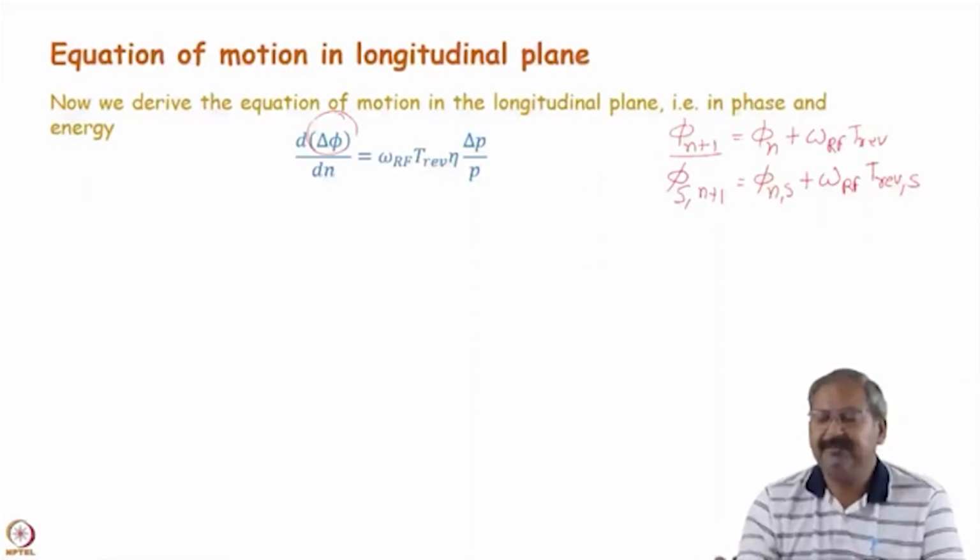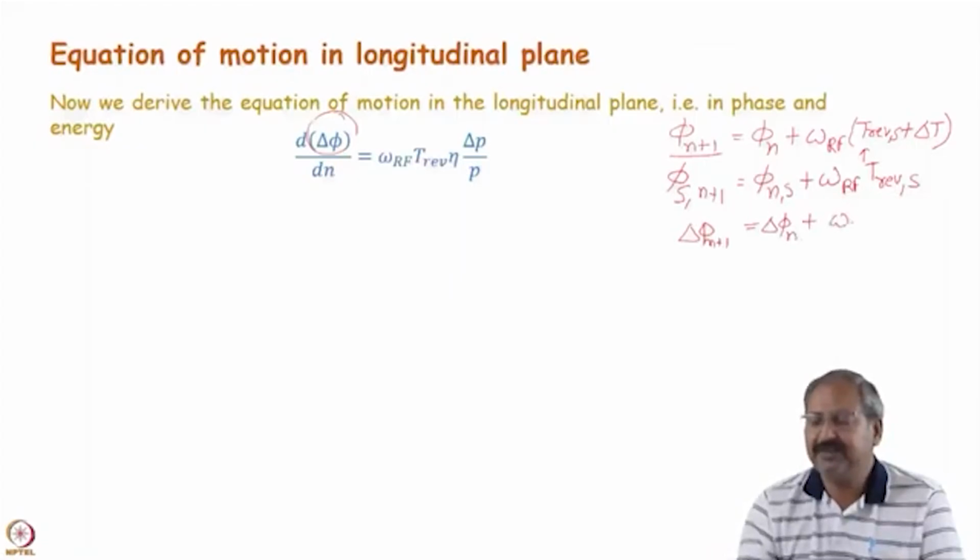Now in place of T revolution of the asynchronous particle, we can write it as T revolution of the synchronous particle plus some delta T. So delta phi in the n plus 1th turn is equal to delta phi in the nth turn plus the difference of these, which will be omega RF delta T. This is the difference of these two equations.